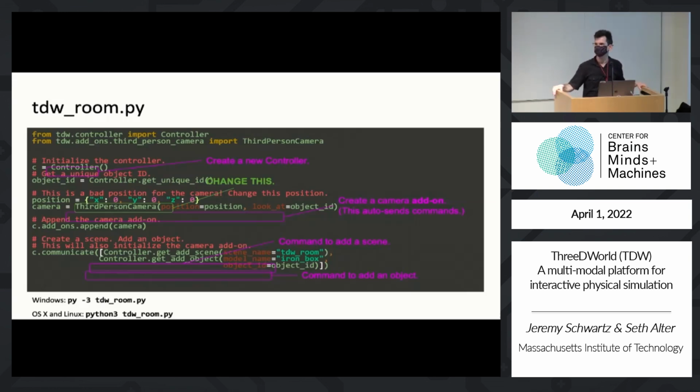For a lot of use cases, it's a very general way to do basic tasks. You can have any number of add-ons attached to a controller, including 0, and they all get executed in sequence. And the sequence ends up mattering. If you have one that creates a scene and one that creates a camera, you have to make the scene first and then put the camera in, otherwise it won't work.